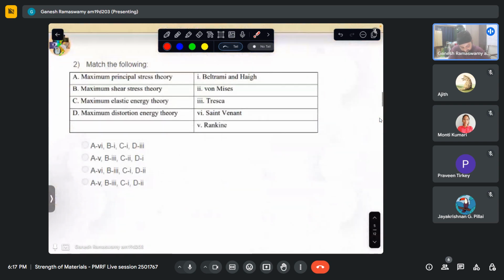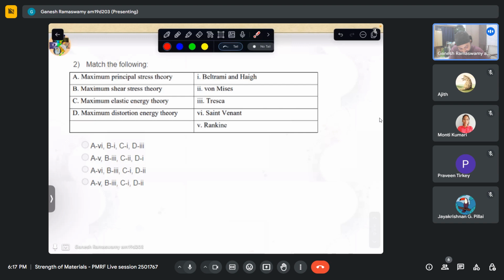And again, in the interest that we don't forget the history of how the subject has evolved, they have asked a question to match the actual theory with the person, the scientist who propounded it. So this is merely an activity of memory. So you can just revisit the lecture once.